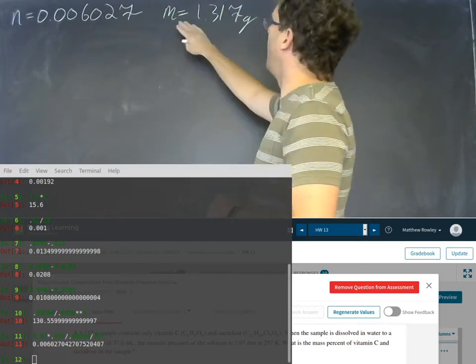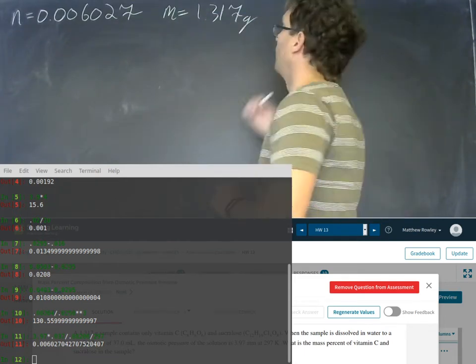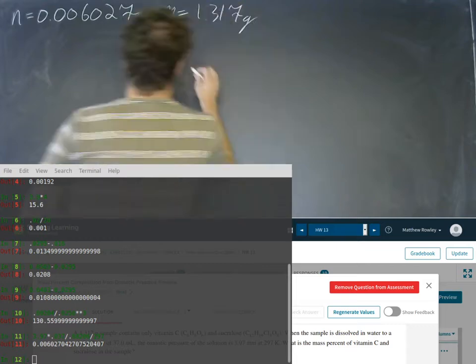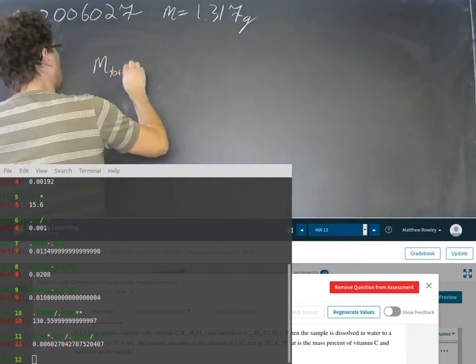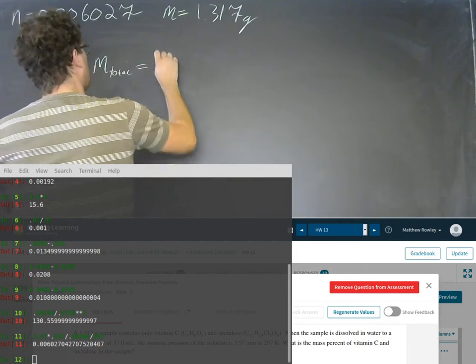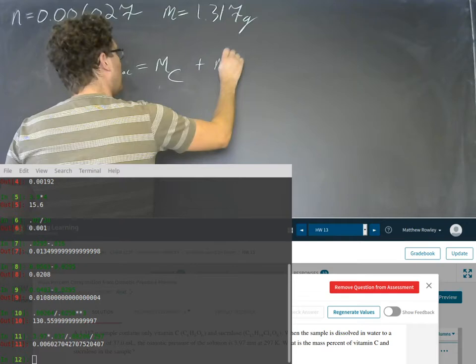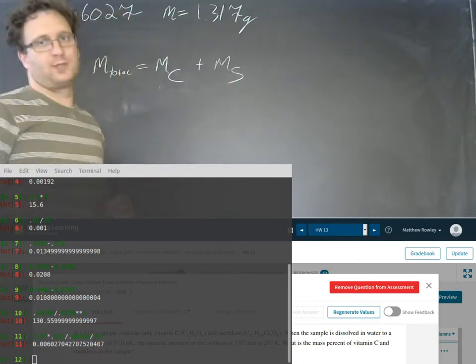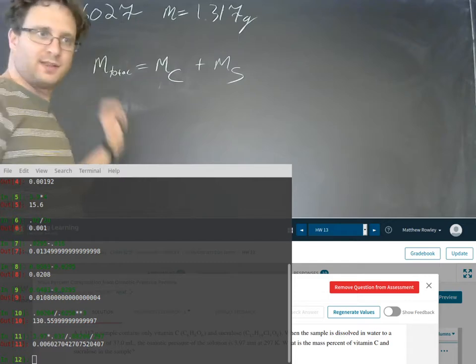So how can we even begin to start with this? Well, I know that the mass total is going to equal the mass of vitamin C plus the mass of the sucralose. I don't know what those masses are, but they add up to the total mass. That makes sense, right?